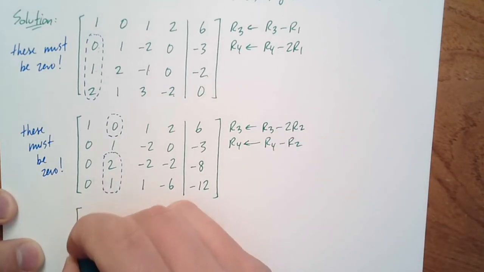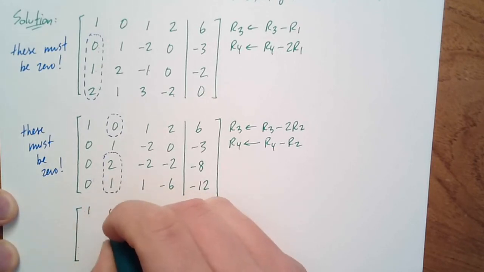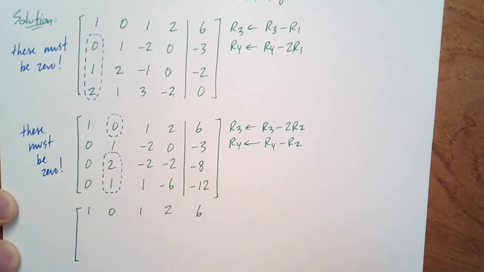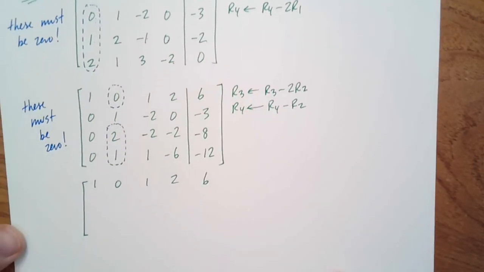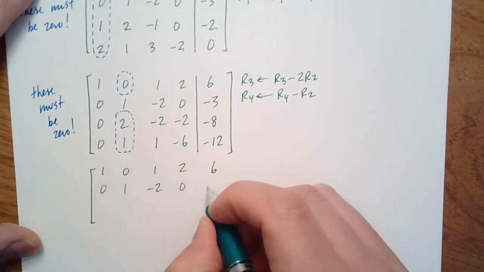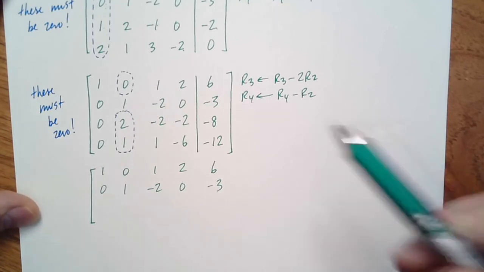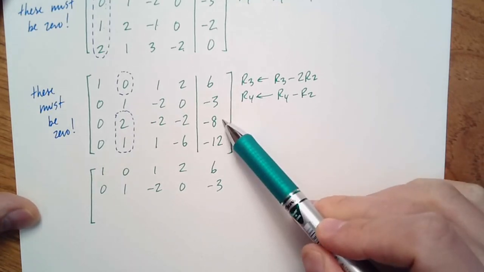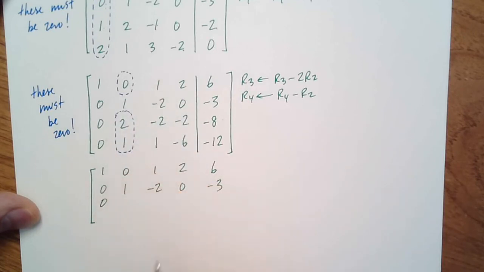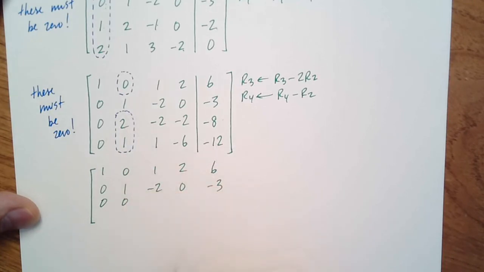So our first 2 rows won't change again. So we'll have 1, 0, 1, 2, 6 for the first row. Our second row will be 0, 1, negative 2, 0, negative 3 still. Okay, so now the changes are going to occur. If we subtract row 2 from row 3 twice, well, 0 minus 2 times 0, that'll still be a 0. 2 minus 2 times 1 will be a 0.